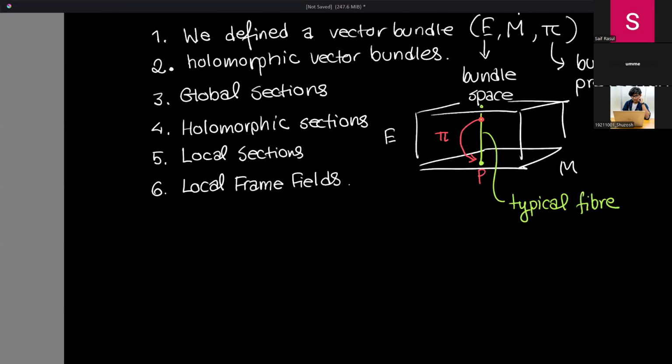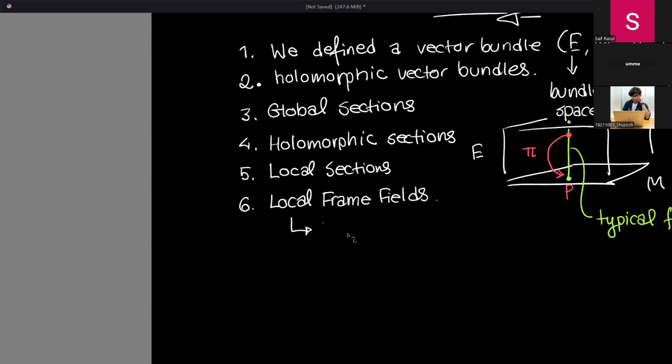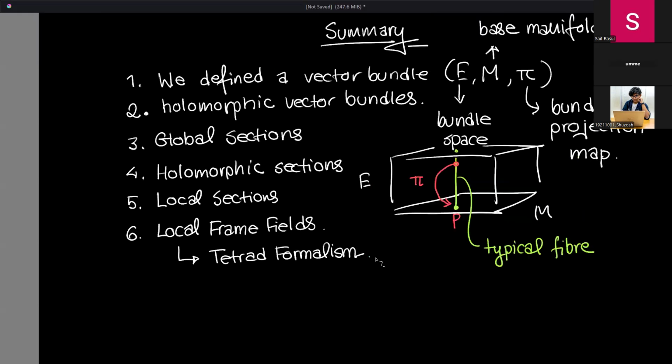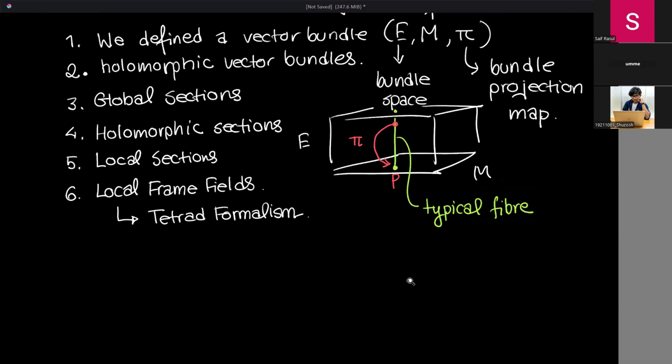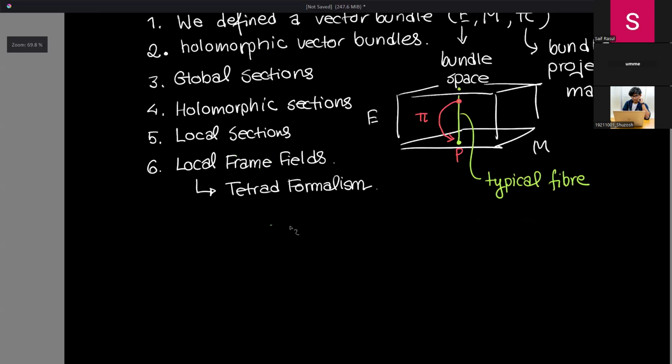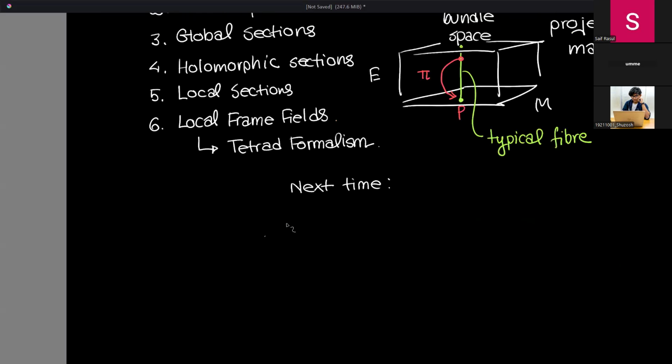And we looked at an example of the usage of a local frame field in something called the tetrad formalism. So that's it. Next time, it's lecture continued.